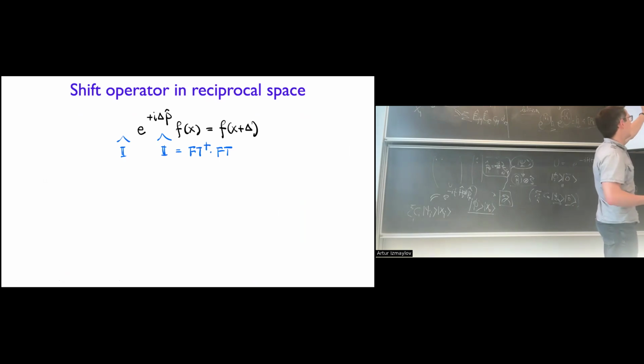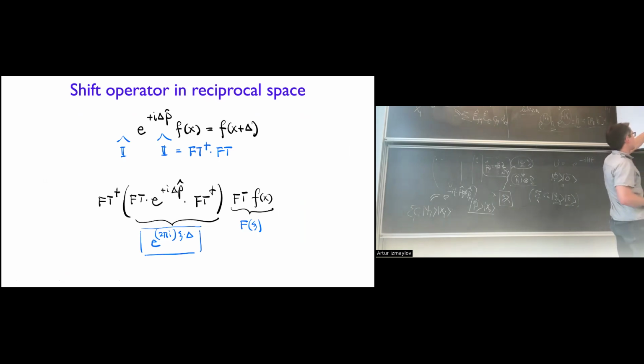So the usual way of shifting any function of x is just to apply the operator with momentum, right? So that will generate a shift. But instead, if we don't want to use the momentum, we could put in a resolution of identity with Fourier transformations, right? So Fourier, reciprocal Fourier times the Fourier, that's identity.